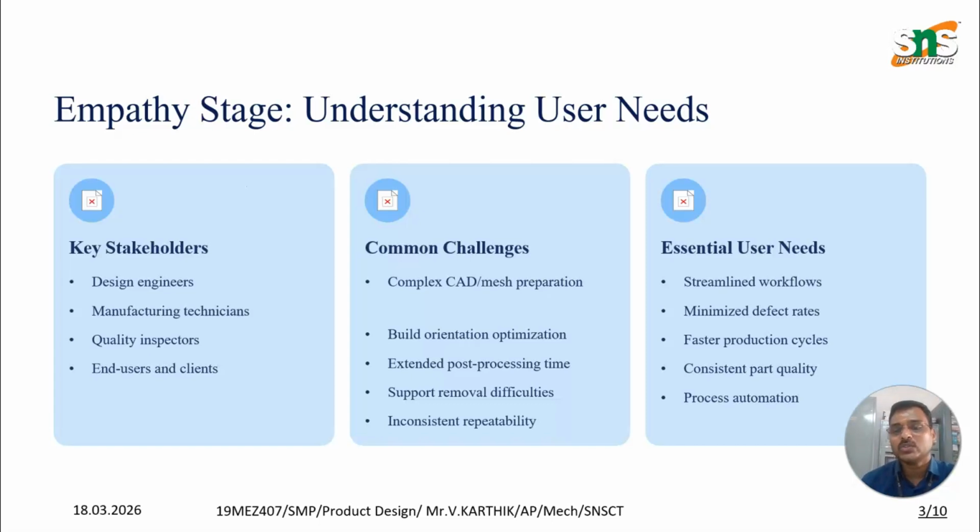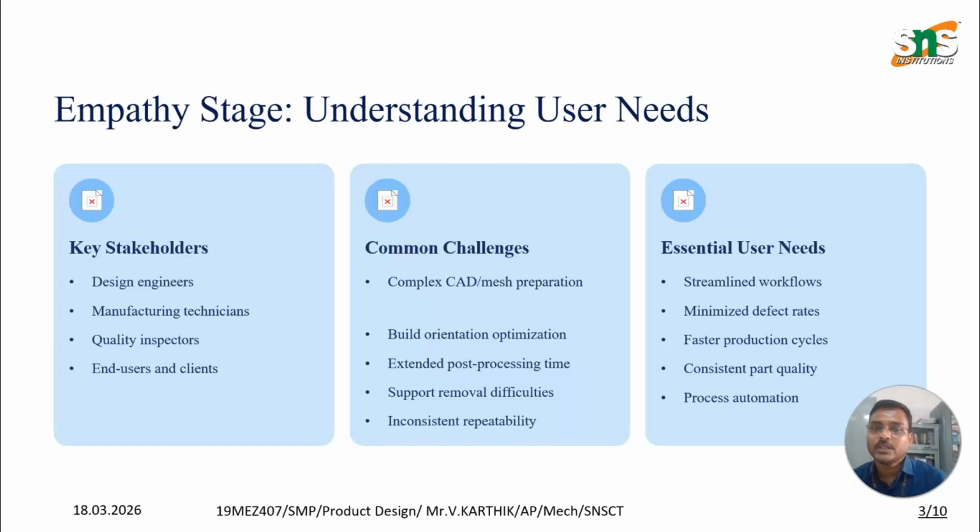And then the essential user needs: in all companies we need streamlined workflows, where the workflow is continued step by step. Minimize defect rates: while we make the product, we have to minimize the defects. And then faster production cycle.